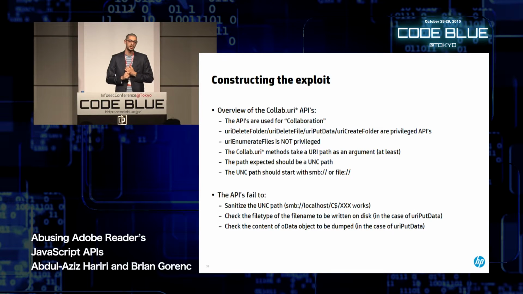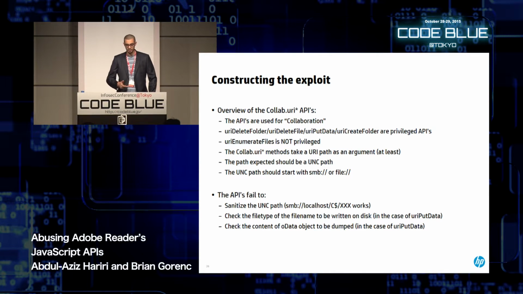One thing in common between all these APIs is that they take a path. This path is a UNC path, so it has to start with SMB:// or file://. Where these APIs fail is that they don't sanitize the path.